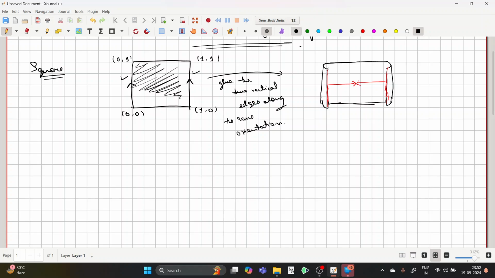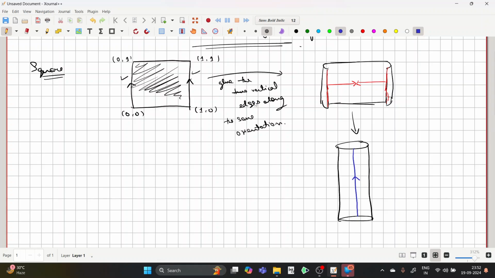So what I will eventually get is something like this, right? Horrible drawing. Let me try to draw this up. Yeah, so I'll get a cylinder, typically speaking. I'll get a cylinder like this, and this edge which has been glued now is somewhere here. Clear?